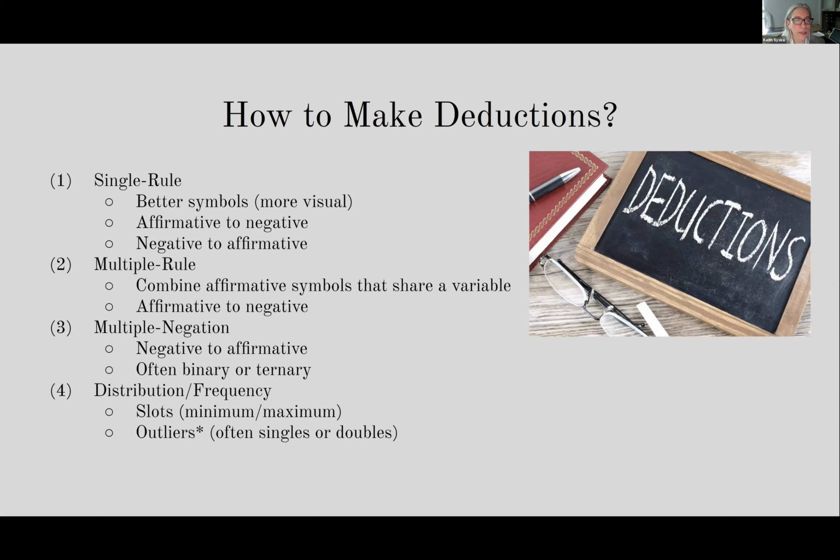So I start with single rule deductions. And what I mean by that is that I focus on one rule at a time based on the idea that mental multitasking is harmful to my mental deductions. In other words, I'm going to make mistakes if I try to do everything at once. So I do one step at a time, which means focusing on one rule individually before I try to combine them all together.